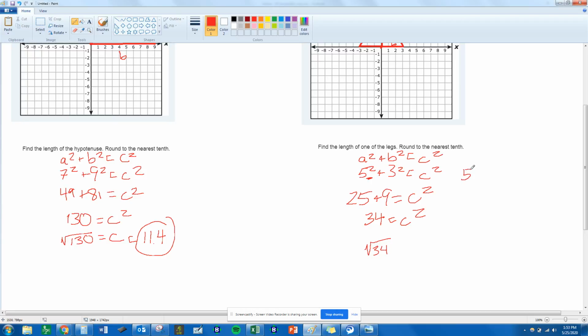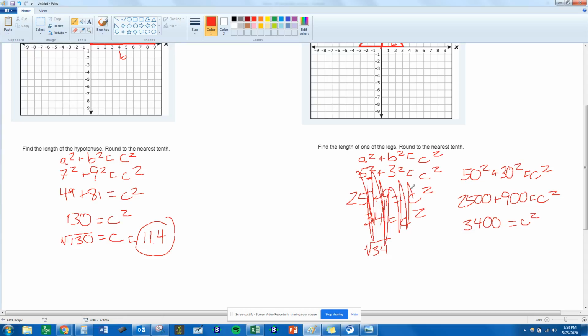So we're going to actually have 50 squared plus 30 squared equals c squared. How many mistakes do I make on Memorial Day? I guess more. That's going to be 2,500 plus 900 is equal to c squared, which is going to be 3,400 equals c squared. So scribble all of that out.